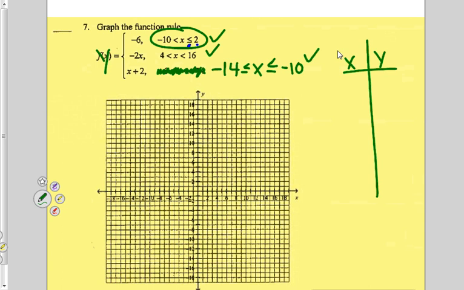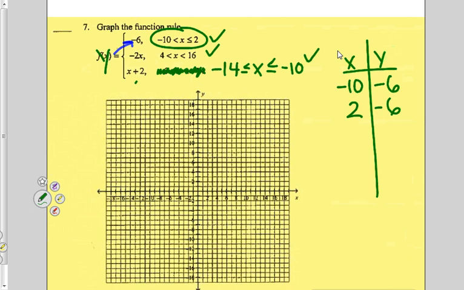It must be -6. Okay, so let's start with this left x, -10, and end with this right x, 2. And we know that y must be what? -6 both times and everywhere in between.